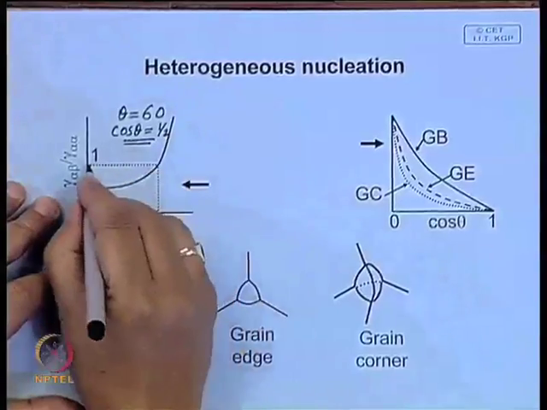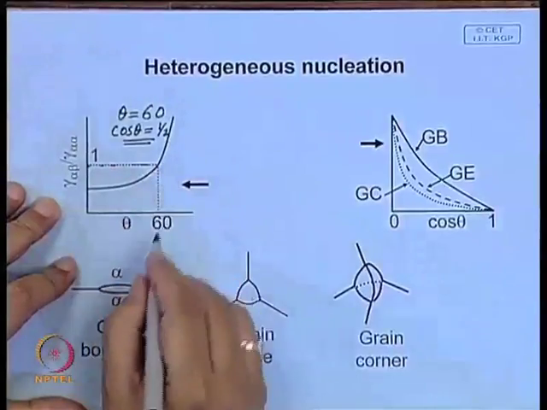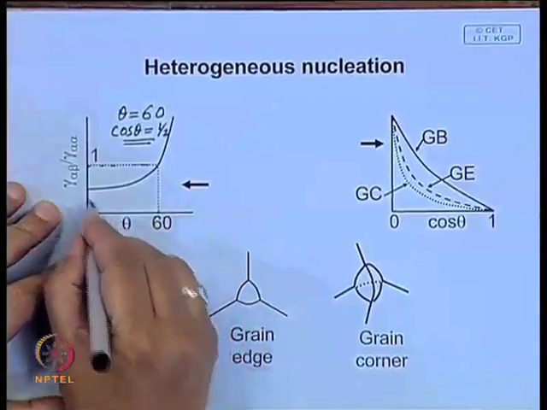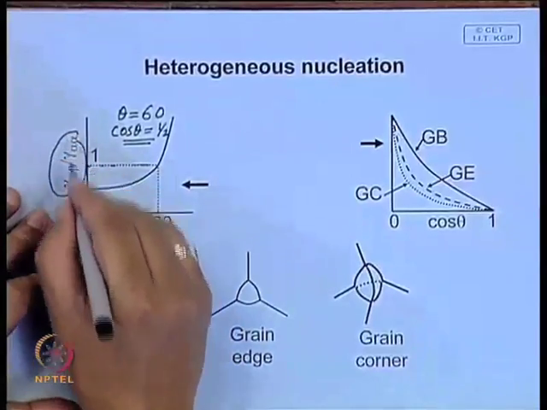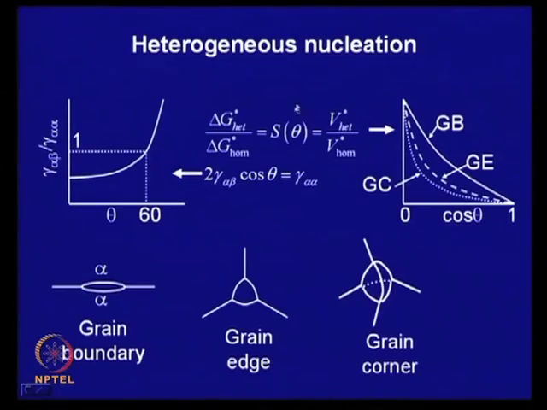So, you will find that here this ratio is 1, whereas if the angle is less than 60 degrees, this is less than 1. And this magnitude depends primarily on that shape factor. This will decide the magnitude of theta, or you can say since theta is related to the ratio of the surface energies, that will determine the shape function.